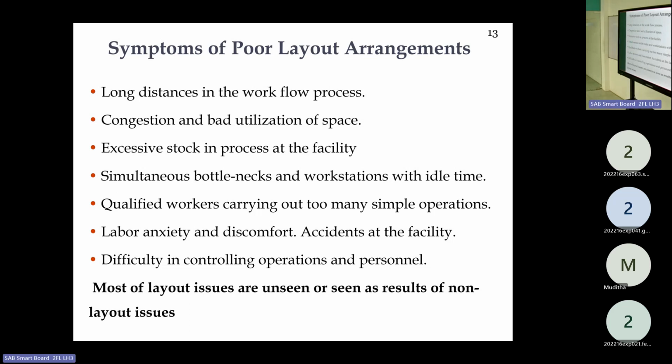And you see in the processors, there are such places. At the same time, there are other departments that have more time idling without contributing to the product. That's a clear indication of poor layout. Having bottlenecks, and at the same time, other departments are idling their resources, like machines are idling, workers are idling.